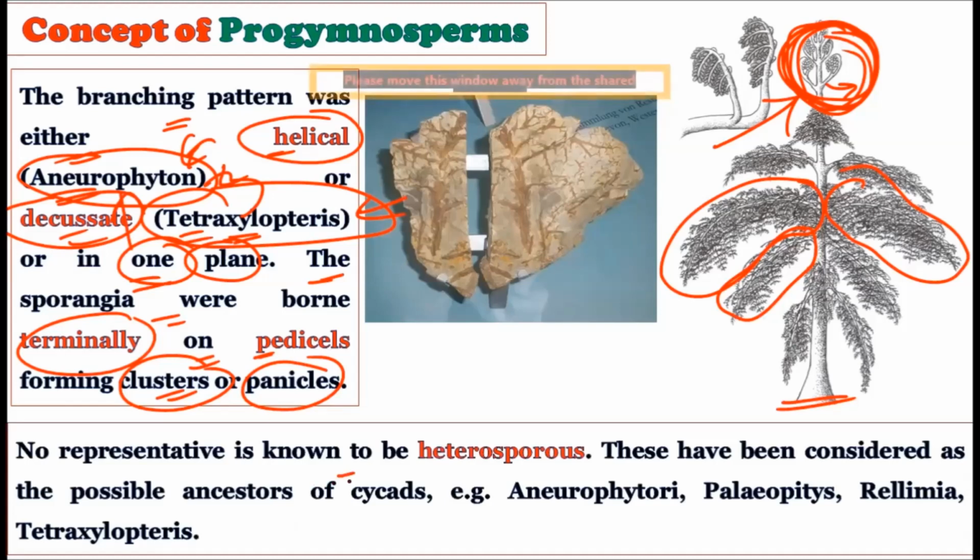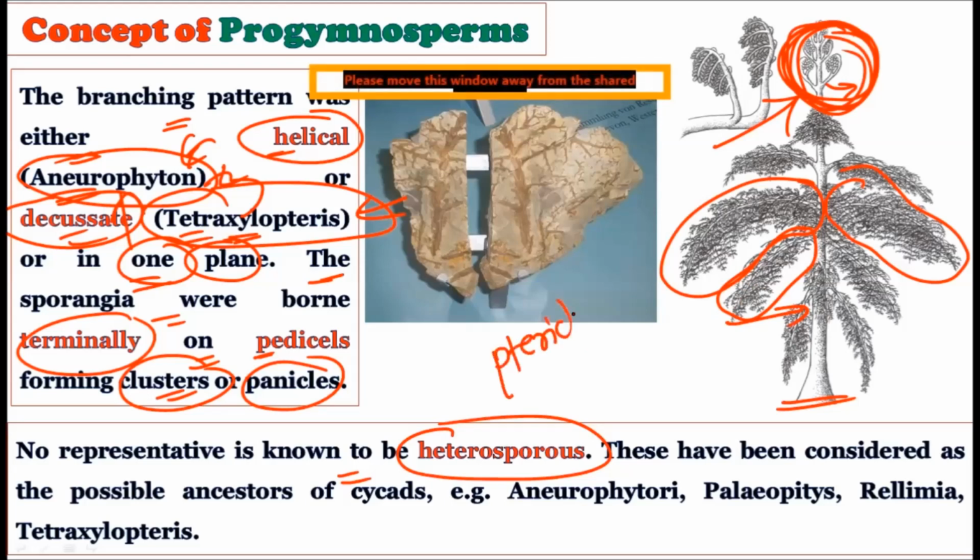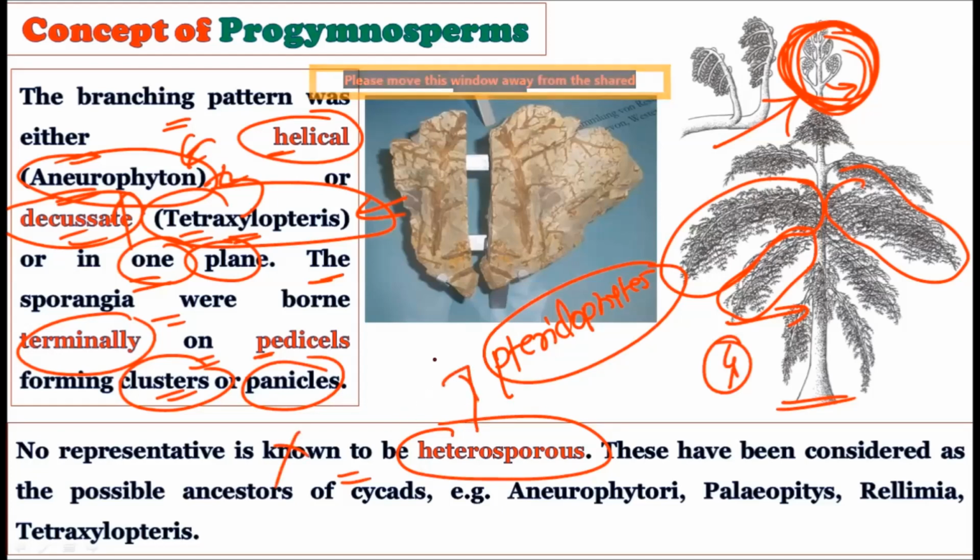Okay, now consider this. No representatives are known to be heterosporous. See, these are not heterosporous, which makes them typically pteridophytic. In this particular order, you will not find heterospory. Now, if there is heterospory, we can say that it's either a pteridophyte or a gymnosperm. But if there is an absence of heterospory, then these are coming to the pteridophytes, because there are pteridophytic members which are not heterosporous.